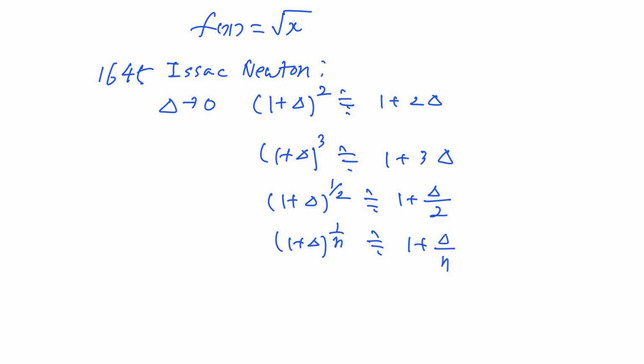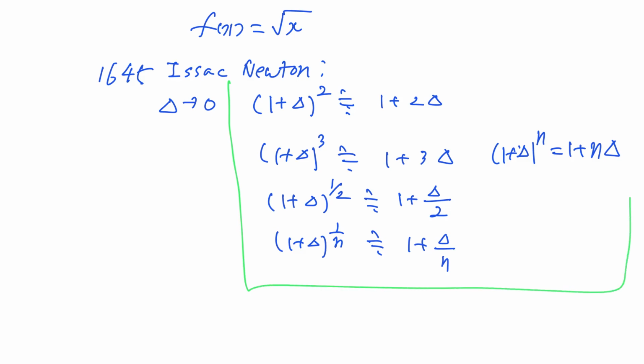Of course, (1 plus delta) to the n is 1 plus n delta. So Newton discovered that the square root of 1 plus delta is roughly 1 plus delta over 2.